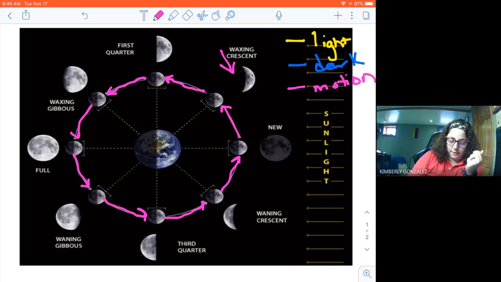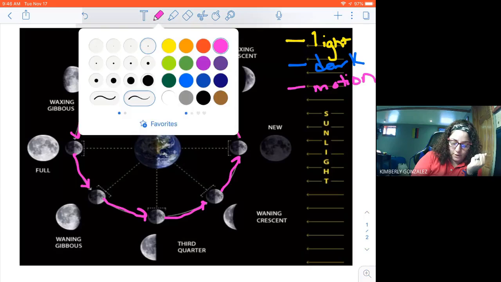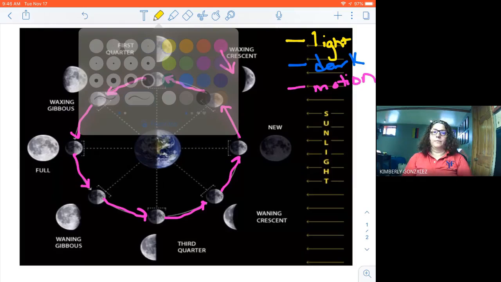The moon that's here is showing us how the light is reflecting off of it. Okay, so how do we figure out what phase it's in? The easiest way is to figure out which way the sunlight is moving. Okay, where is the sunlight? In this case, it just happens to be to the right.